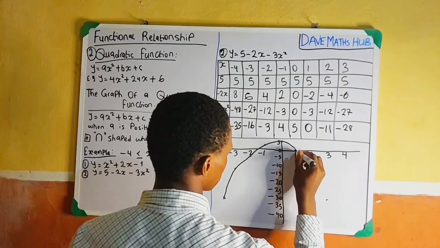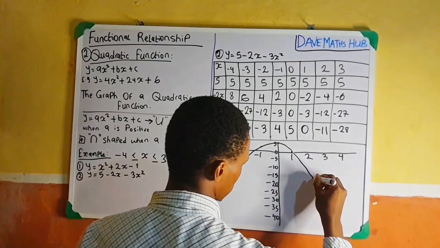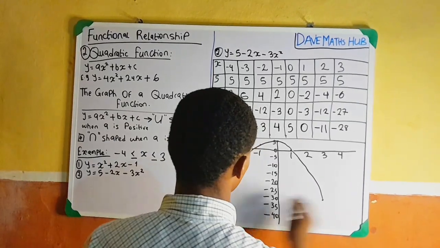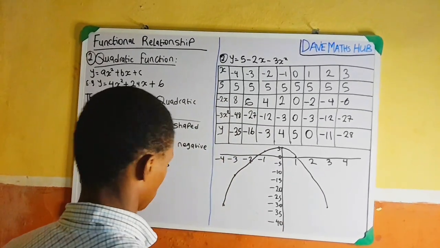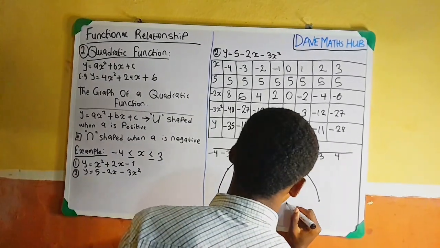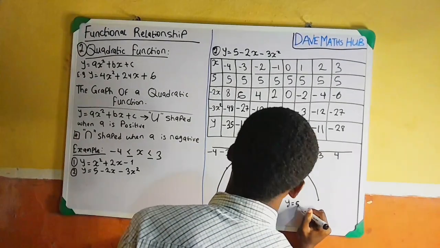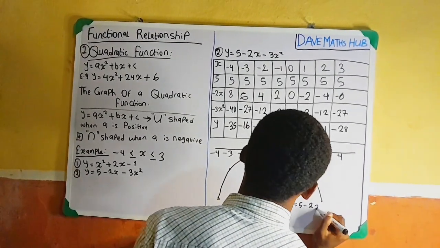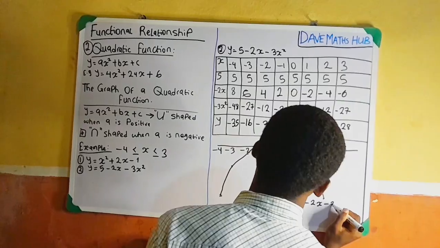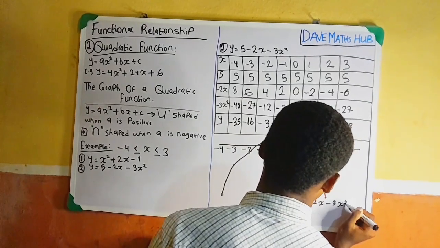It gives us an N shape. So this is y is equals to 5 minus 2x minus 3x squared.